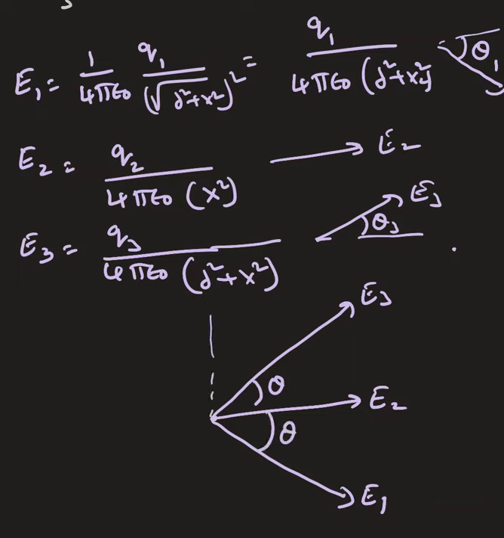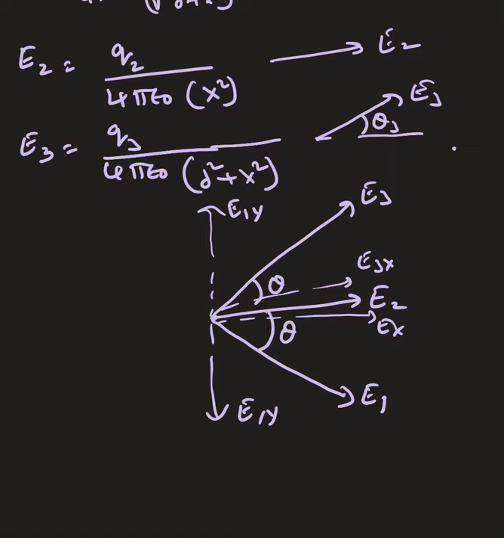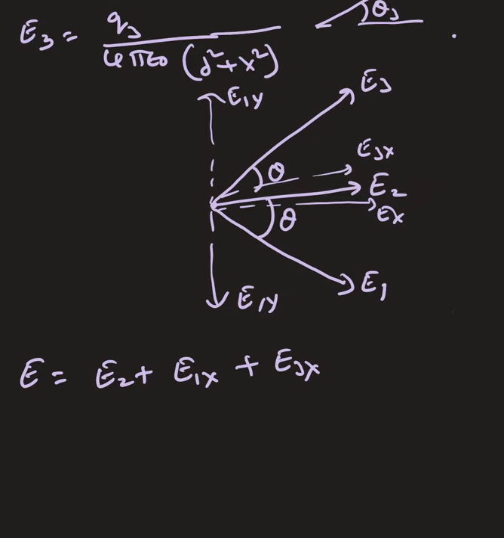The E3y component and the E1y component cancel out each other, and all we end up with are the E1x and E3x components on the x-axis. So the resultant electric field E must be E2 plus E1x plus E3x.